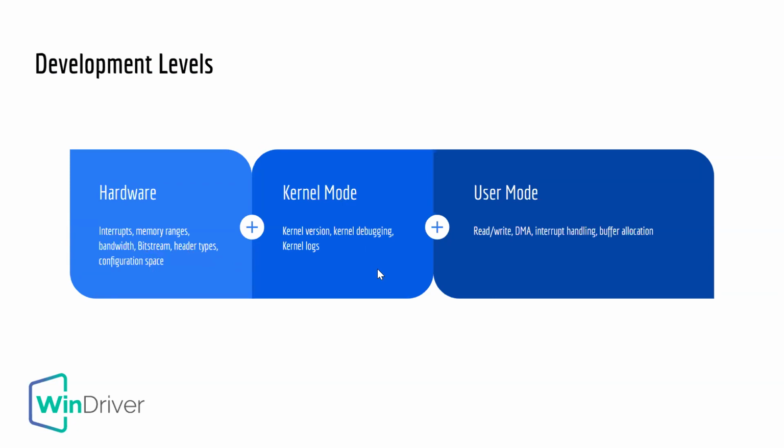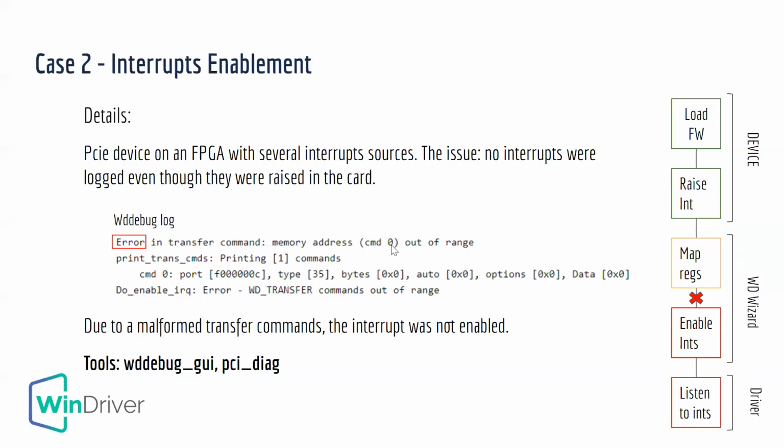We have the kernel mode, kernel version compatibility, kernel debugging, kernel logs, and we have the user mode, okay, which we developed on. And something in this communication cannot work, and then we need to realize why. Let's say the example I will show soon is for raising interrupts. It's a physical thing that happens in the device, and we expect to see it on the user mode, but something on the way will not work, and we'll see now what.